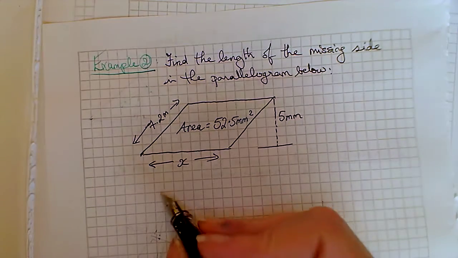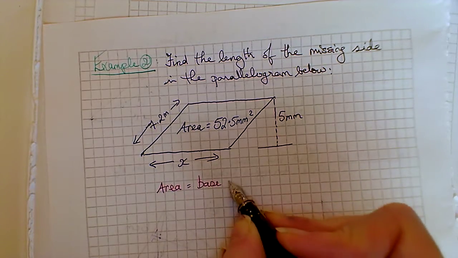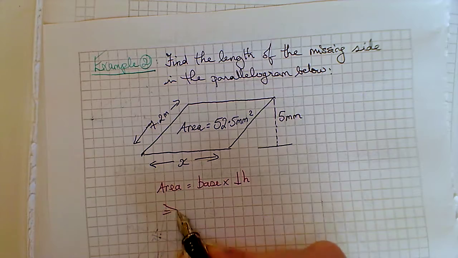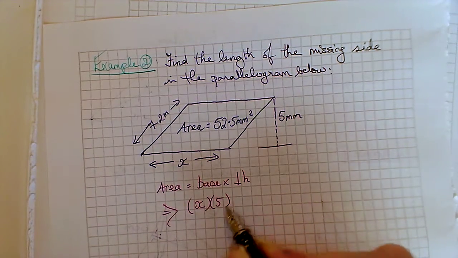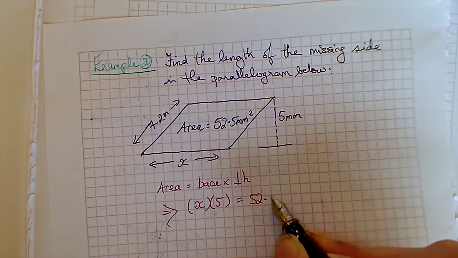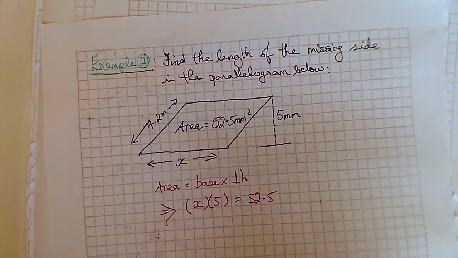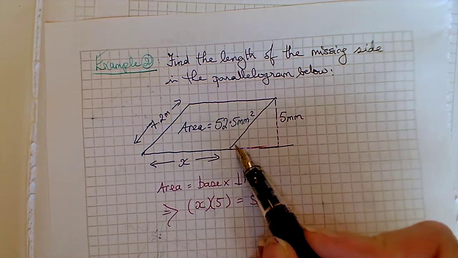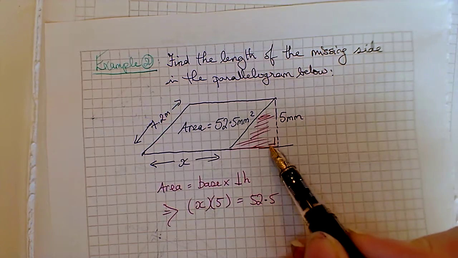So we'll use our area formula. The area is the base by the perpendicular height. So that means that x multiplied by 5 is equal to 52.5. And we don't need to use that information. Sometimes there'll be a follow-on question involving Pythagoras' theorem, because you can see that this would make a right-angled triangle here.